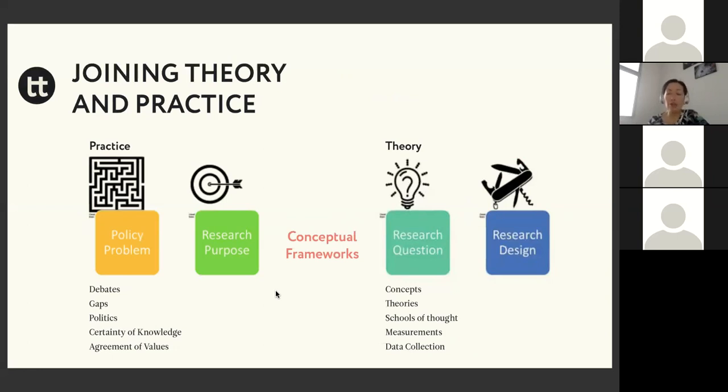We do so because we get the feeling that many of you probably already have a stronger sense of the theoretical part of how you're putting forward your research. But what could be useful is learning ways to connect it to these practical policy realities. And to do this, to join the practice and the theory, what we use are conceptual frameworks.